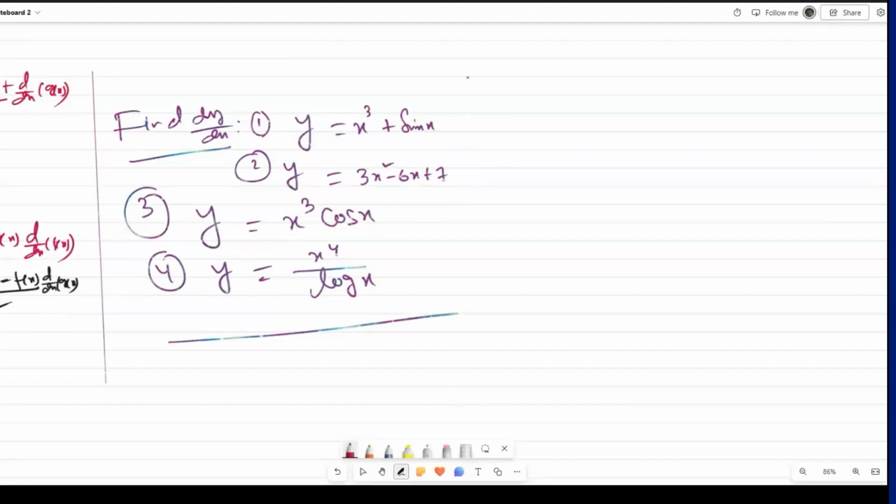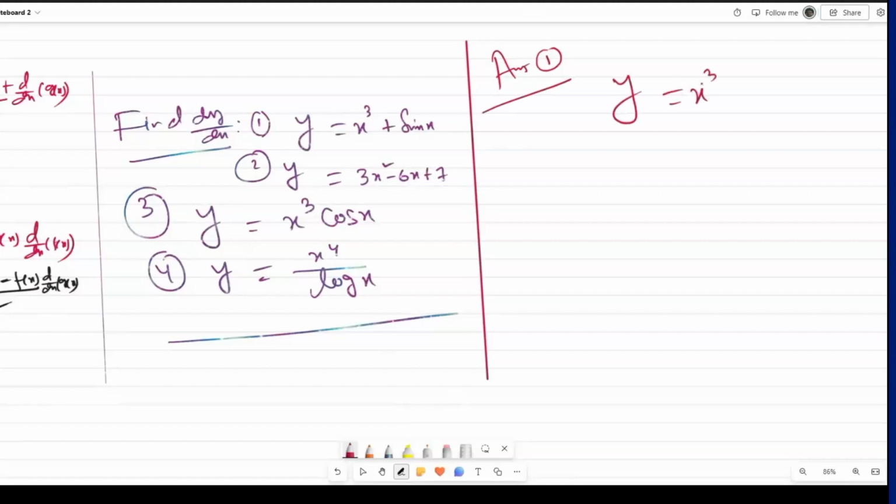The first one, number 1. You have to think which rule you are going to apply. That is the sum rule, f(x) plus g(x). But you give a statement: differentiating with respect to x.